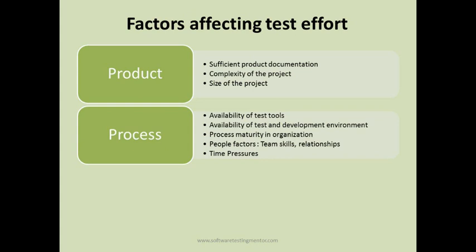If your team already has good automation skills, they can just go ahead and start with automation, and it will require less test effort because you save the time of training and ramping up on automation skills. Other factors might be the relationship within the team. Then what are the time factors? Time factors also affect the test effort.